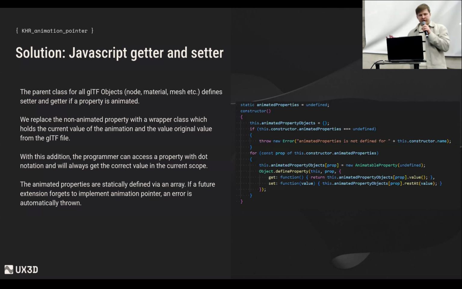And it's really nice because in that case, all the code could stay as it is basically, and other developers who contribute to the open source project don't need to know if something is animated or not. They can just use dot notation normally and don't need to know that there is an animation at all.